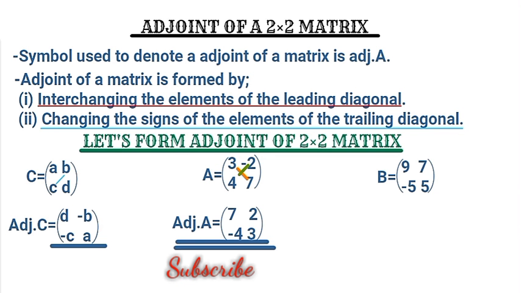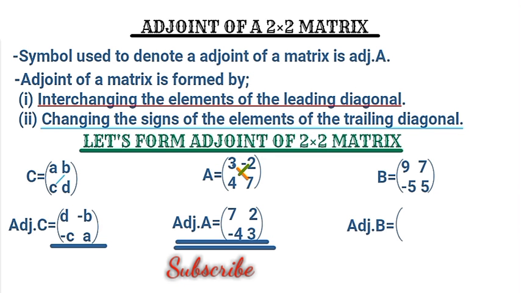Since I've been drawing lines, now I'm not going to draw lines, I'm just going to say it. So we write the adjoint of matrix B. Adjoint of matrix B is equal to, then I open bracket. Then I'm going to interchange or swap 9 and 5, because 9 and 5 form the leading diagonal.